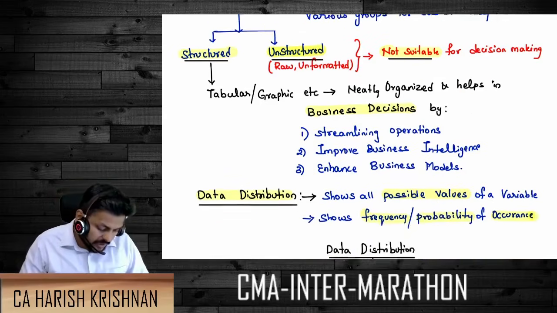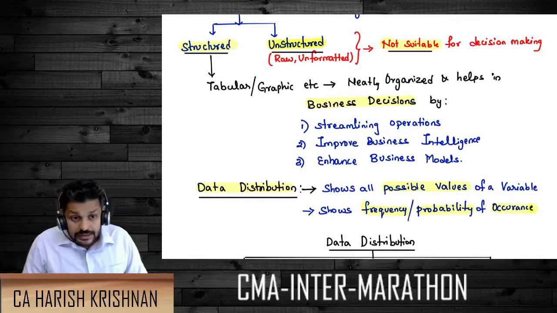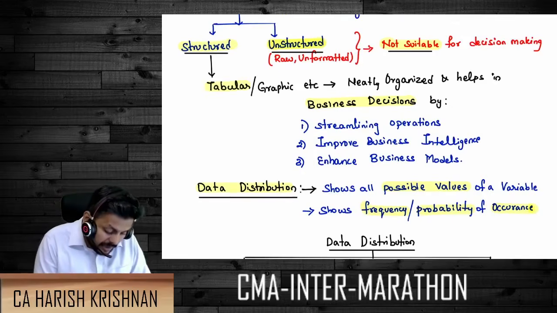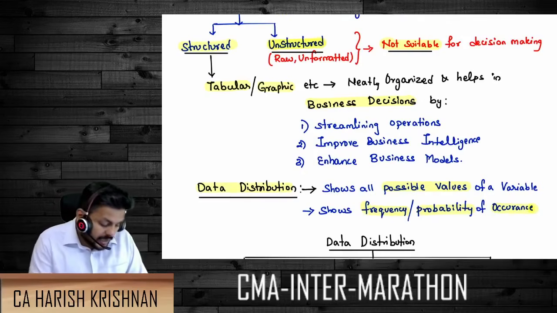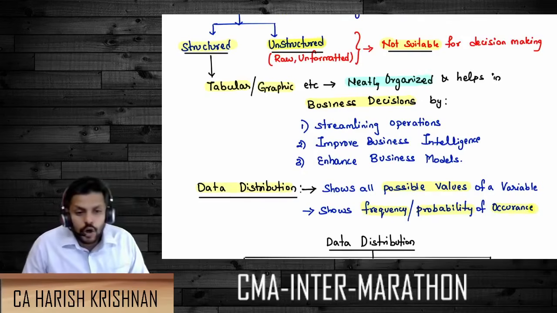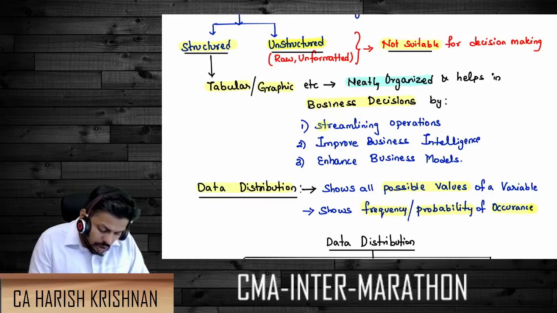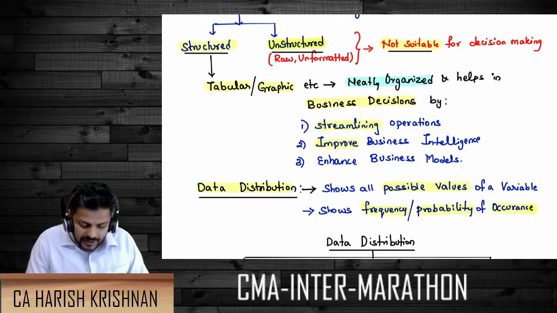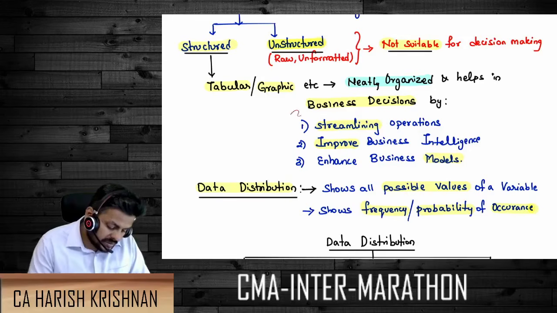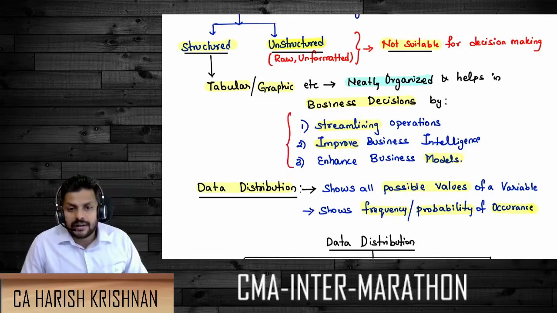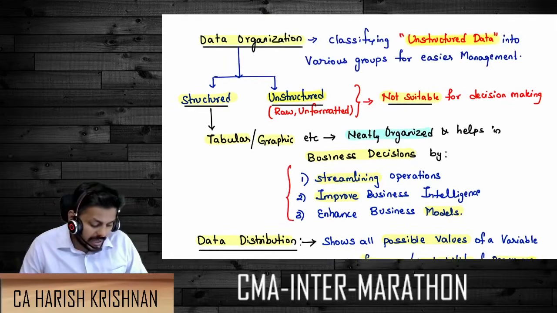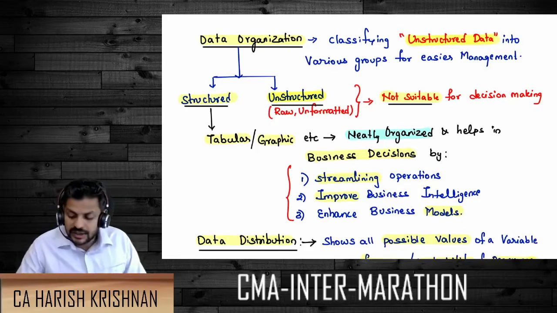Structured data is tabular, graphic, etc., and it is neatly organized and helps in business decisions by streamlining the operations, improving the business intelligence, and enhancing the business model. As you can see, these three are clearly the advantages of having organized data. Therefore, data organization is about dealing with unstructured data and organizing it in such a way that it will be neatly structured later. Okay, so that is the first part.